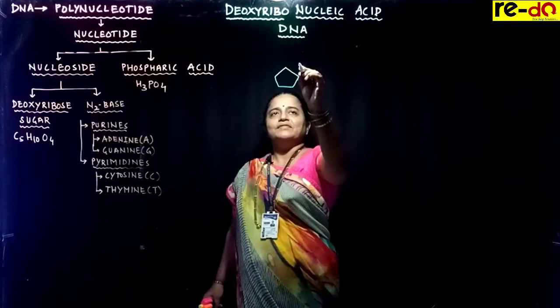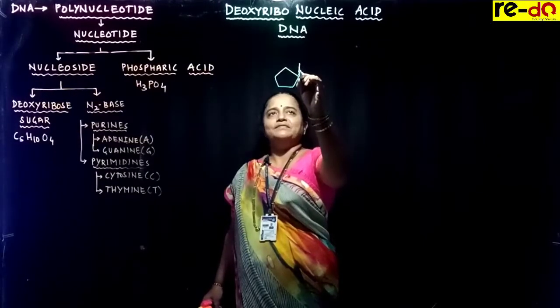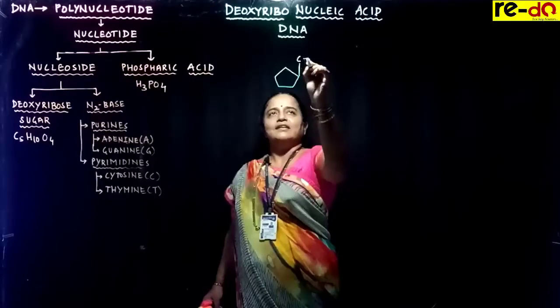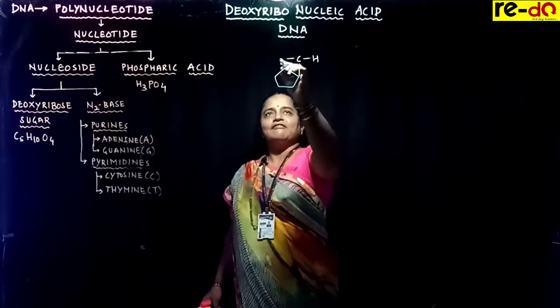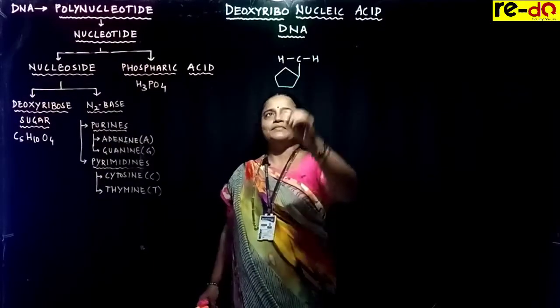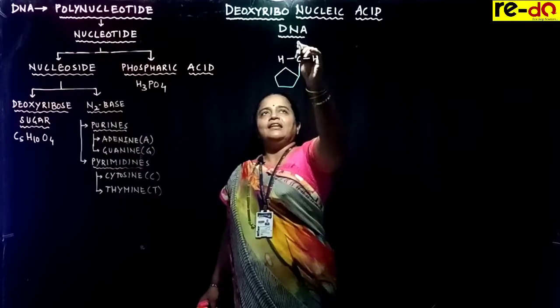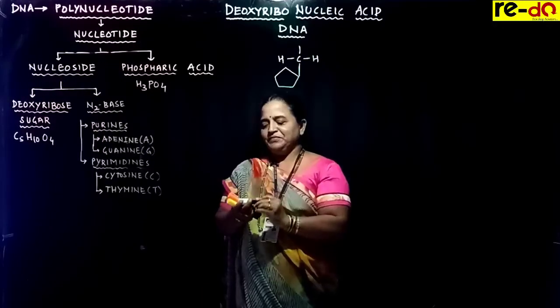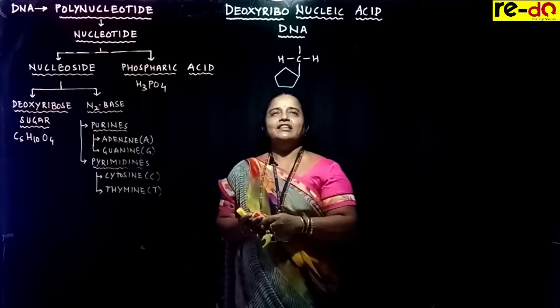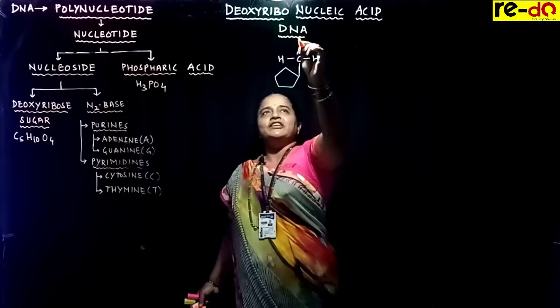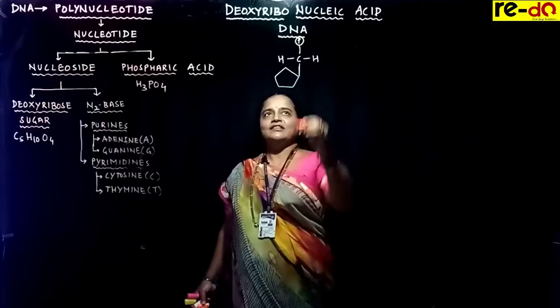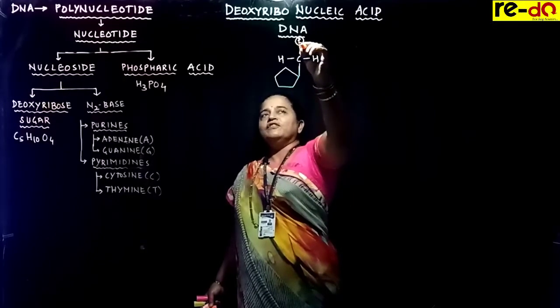Here, the 5th carbon with its functional group can establish a linkage. This linkage is with phosphoric acid. So the oxygen of phosphoric acid develops a linkage here.